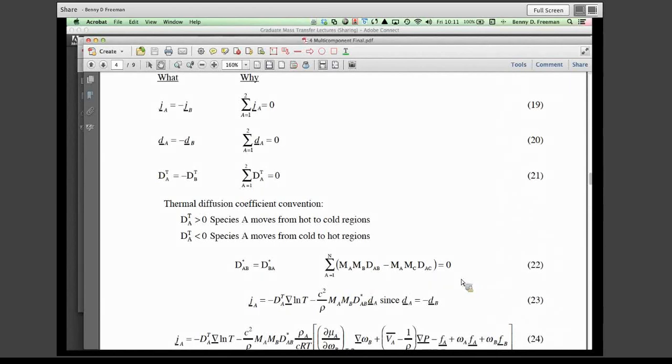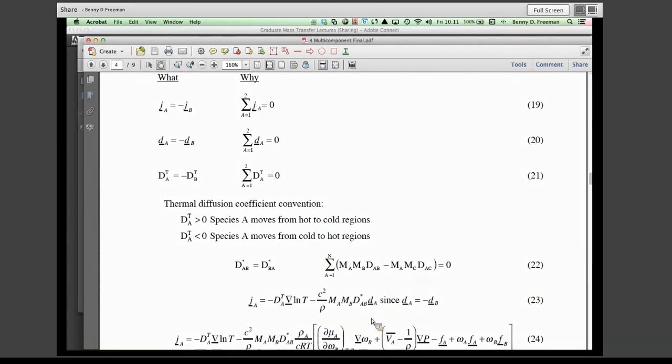I can also write the mass flux of A not in terms of the generalized driving force for B, but in terms of the generalized driving force for A, since the sum of these generalized driving forces has to be 0. So d_B can be replaced with minus d_A, and that's what I've done in this particular expression.